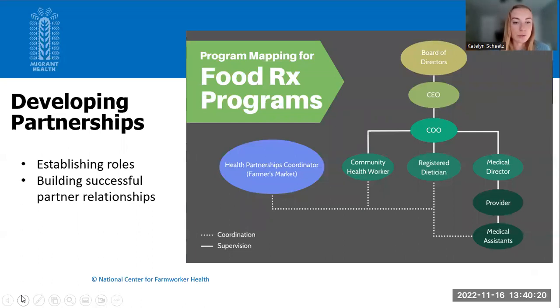We also included this program mapping activity for Food Rx programs, where we recommend that you map out how both coordination and supervision work within the Food Rx program. You can use your existing organizational map and then map in who are the folks in our organization that need to be coordinating with who in the other organization.